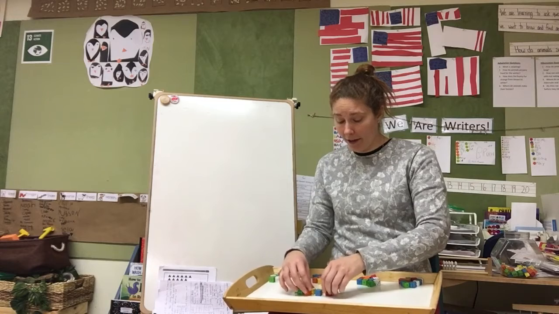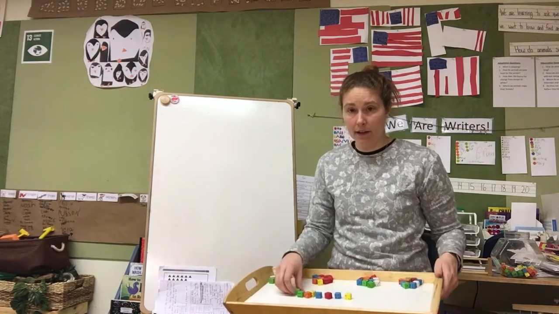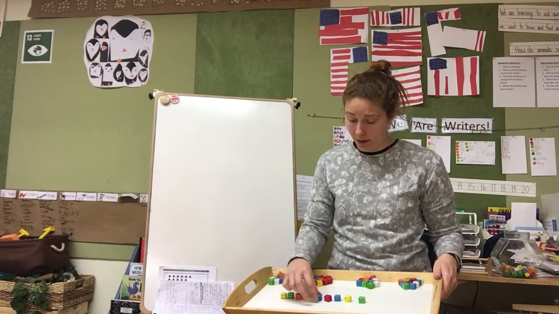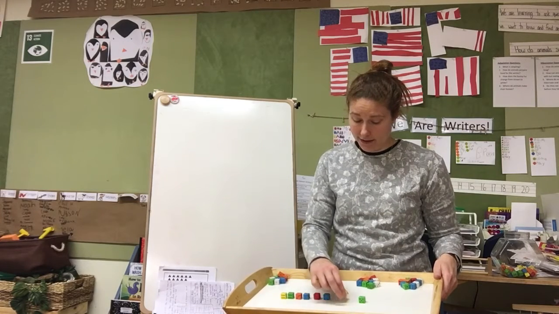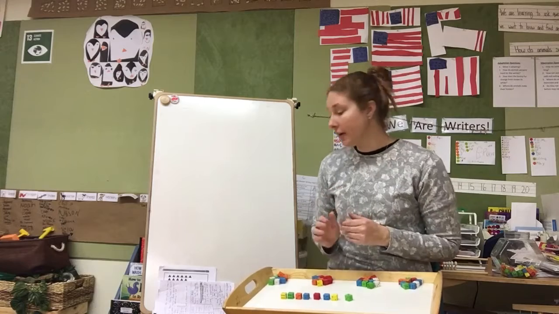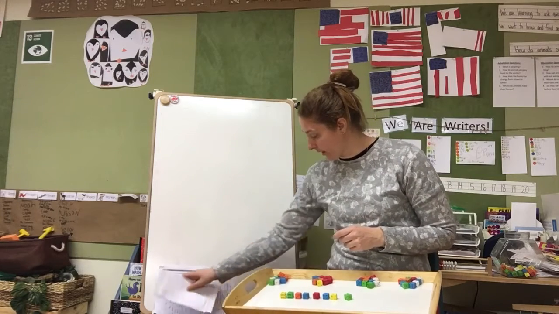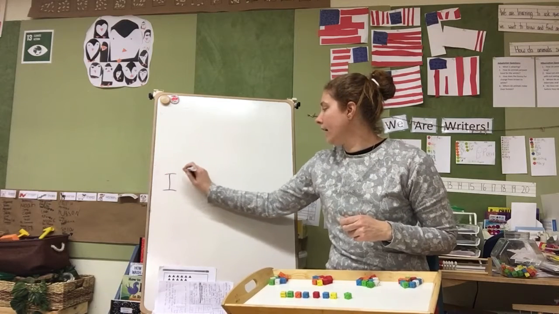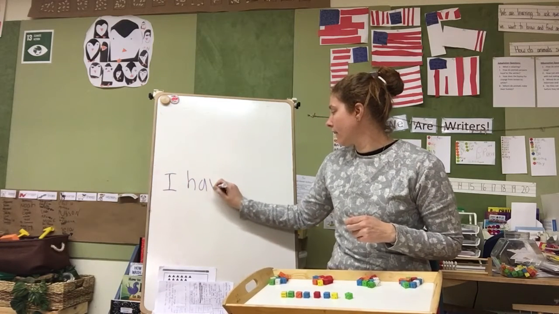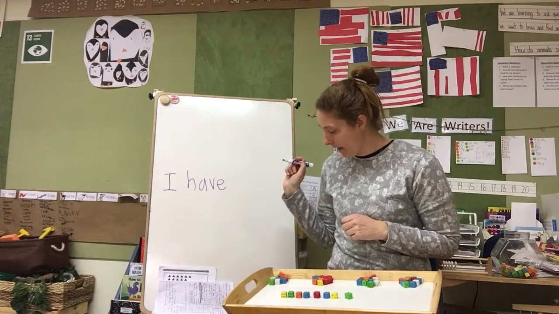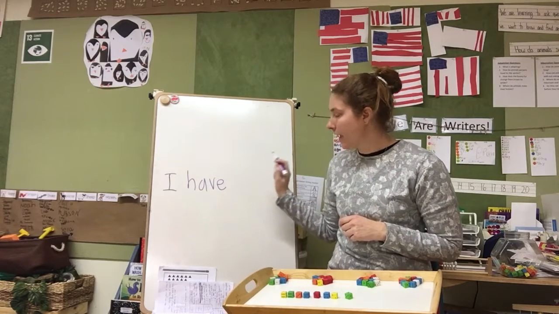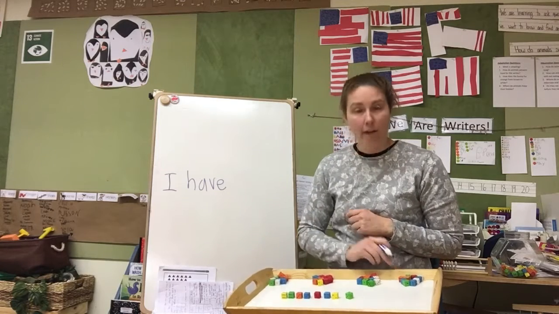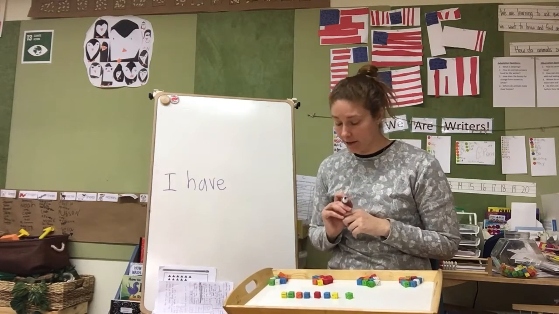So I'll put it in a line for us to see. 1, 2, 3, 4, 5, 6, 7, 8. So if you remember that sentence we had on the board yesterday, I have 10 ones. How many 10 ones do we have? 4 10 ones.